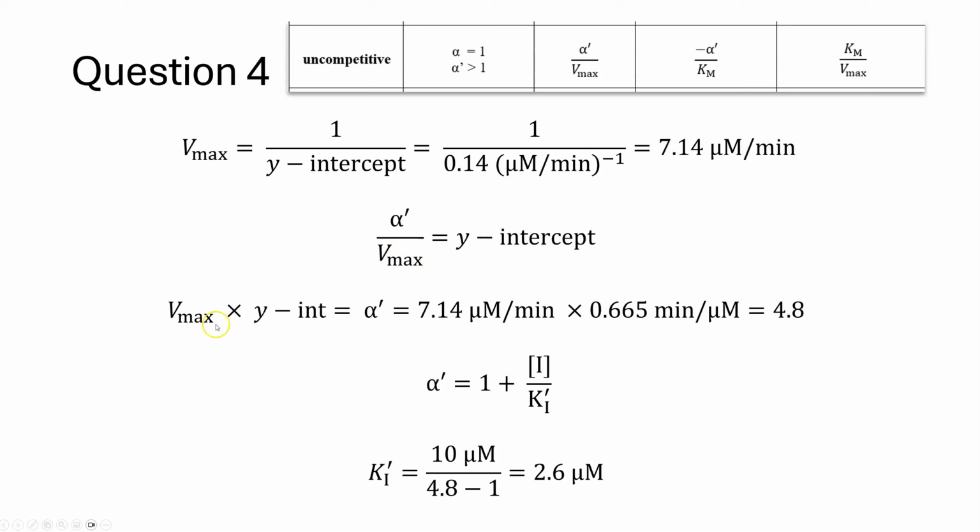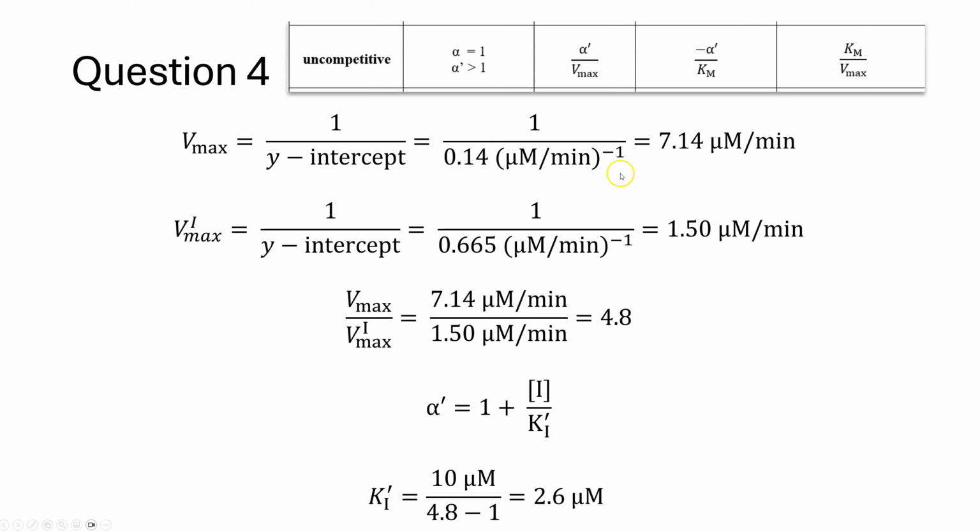So Vmax times the y-intercept is going to be equal to alpha primed. So that means if I take the Vmax without the inhibitor, multiply that by the y-intercept with the inhibitor, then I can see that I increase my y-intercept by 4.8. So that's the value of alpha primed. So then I just substitute in, and that's my concentration of the inhibitor that was given to me. So my Ki primed is 2.6 micromolar.